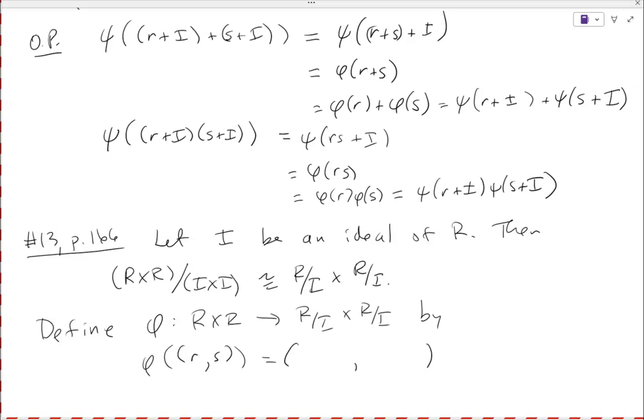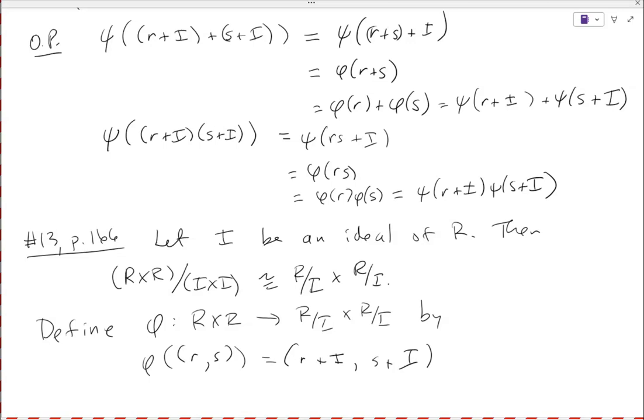So I've got an element R and an element S in R, and now I've got sets of cosets generated by elements of R. So what do you think you might want to map this R to in this first component? R plus I, and this S is going to go to S plus I. And in this case, I is the ideal, whatever ideal we started with.